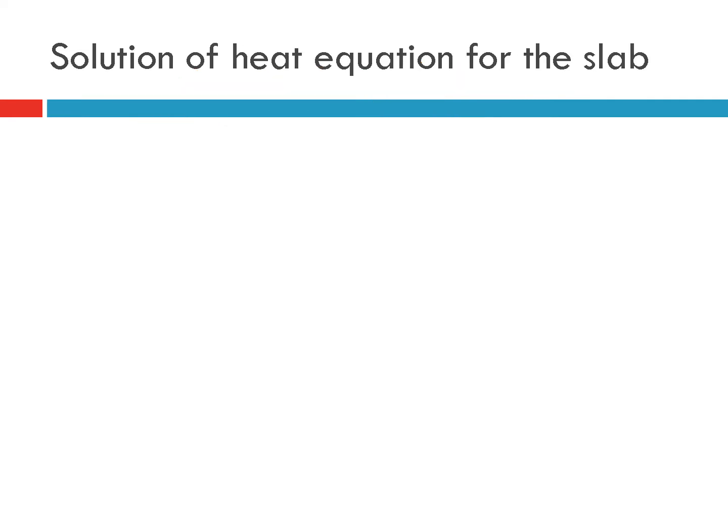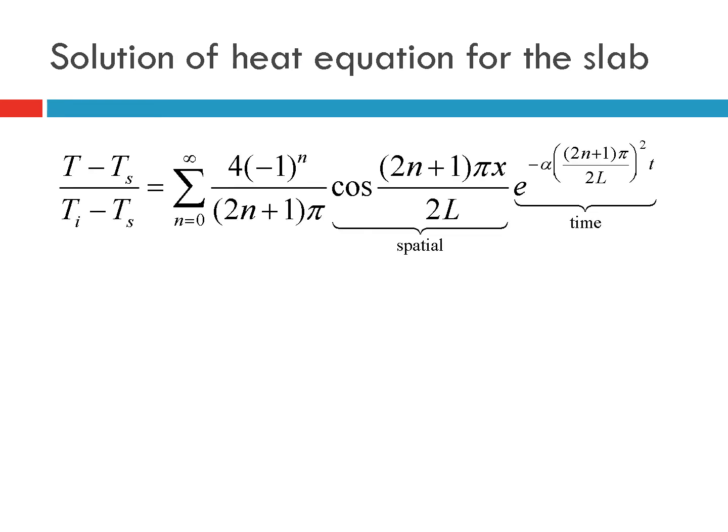So we skip the rest of the derivation and come to the final solution, which looks like this. Now you can see this solution in our textbook or any textbook on heat transfer, mass transfer, diffusion, or any introductory math text that includes partial differential equations.